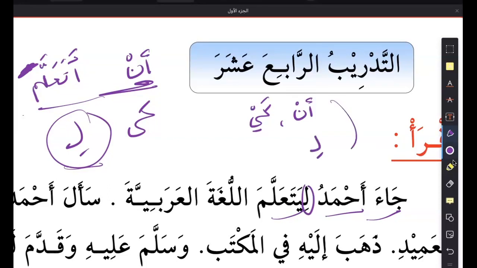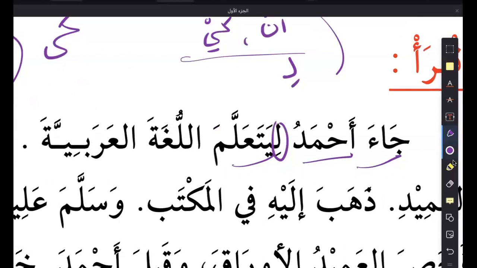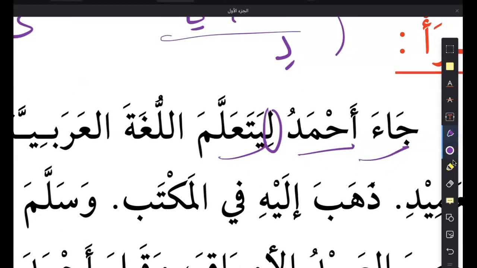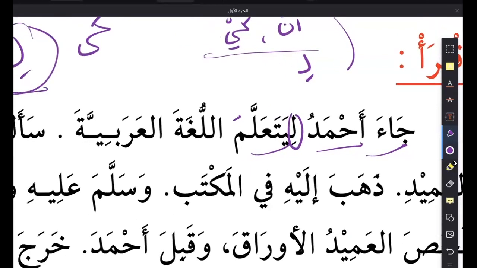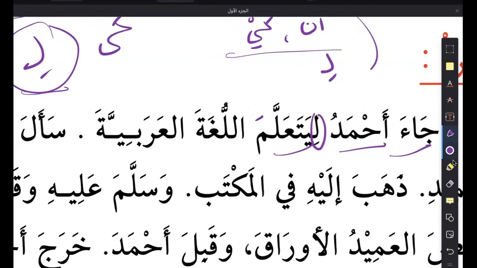There are other tools, a lot more, right? So if we get these tools, these hurufs, before fi'l mudari, the present tense verb, it will get a fatha. Okay, so li yata'allama. So ja'a Ahmadu, Ahmad came li yata'allama. So what does li mean? Li means in order to learn, in order that he learn.